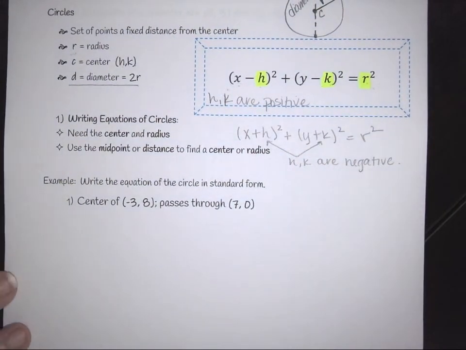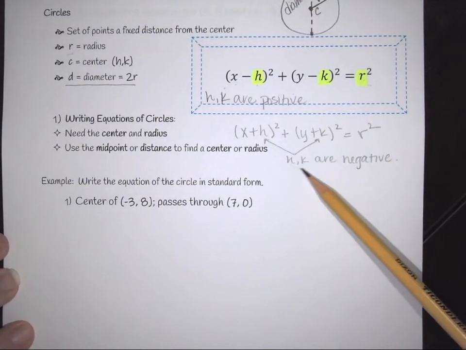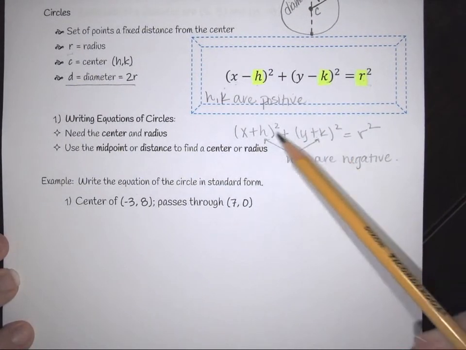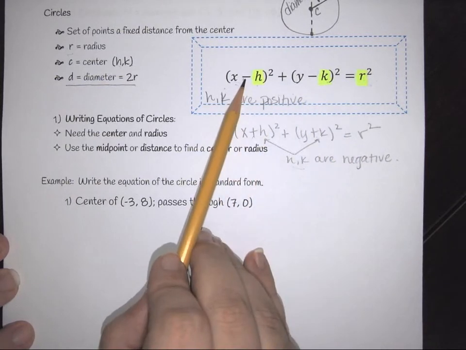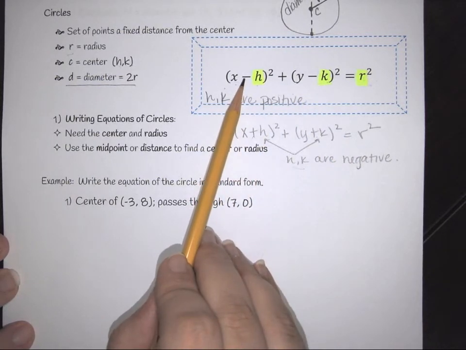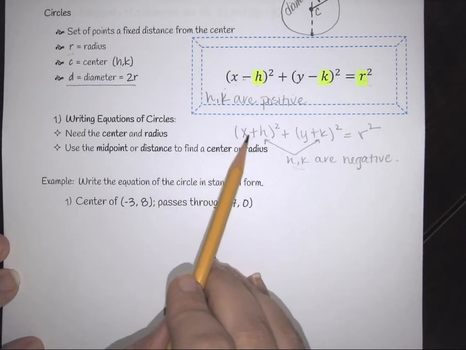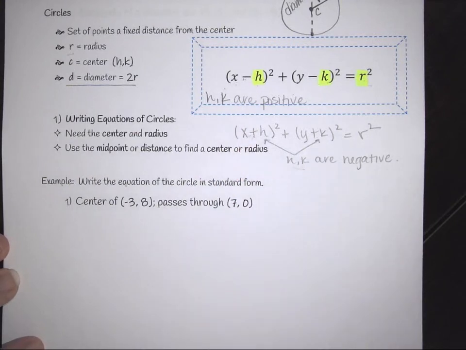Notice the signs of h and k are opposite of what you actually see. Standard form is x minus h, where h and k are positive. If you see a plus, then h or k, or both, would be negative.